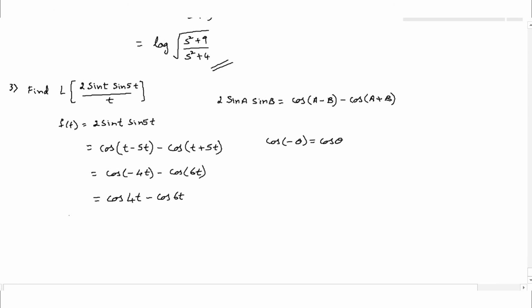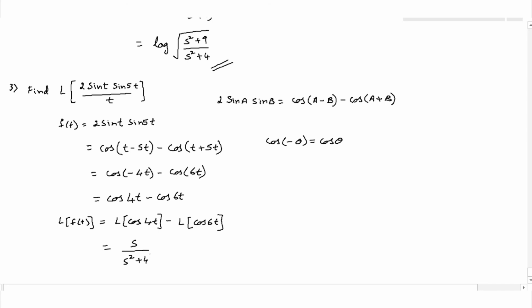So I can apply the Laplace transform on both sides. So Laplace transform of f of t. So if you apply the Laplace transform individually for each of the terms, minus Laplace transform of cos of 60. So which will be nothing but Laplace transform of cos 4t will be s by s square plus a square.